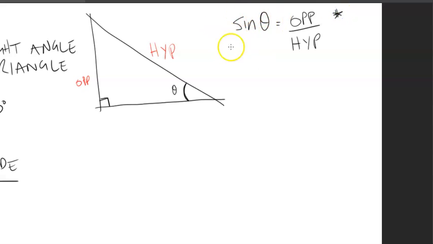How we figure out this sine theta by itself, there's a chart that the Aztecs created, and they've put that chart using rigorous mathematics into the calculator. They stored it in there. The calculator has a way of figuring this out, but we're not going to get to that right now.